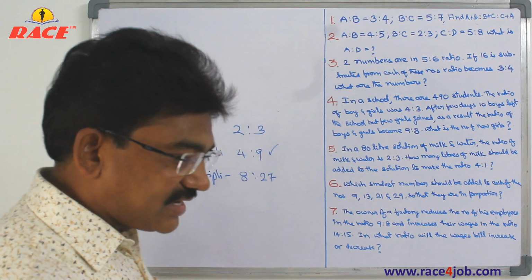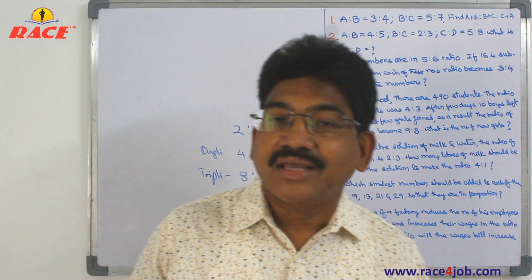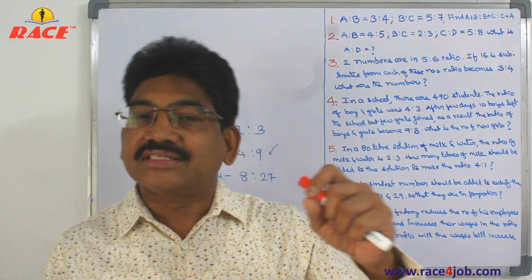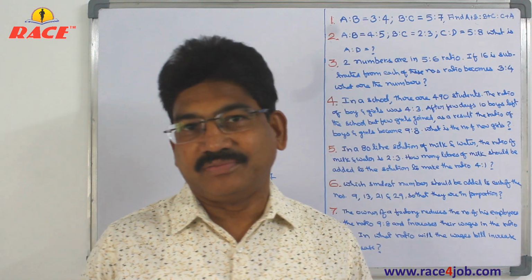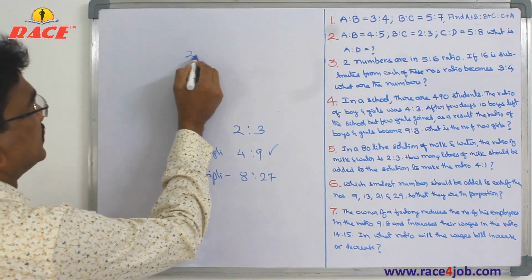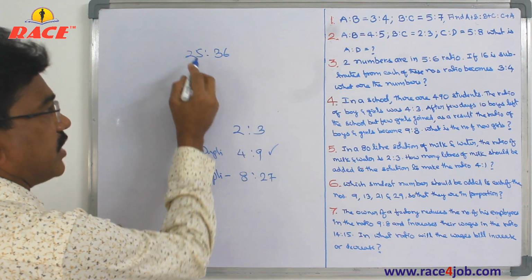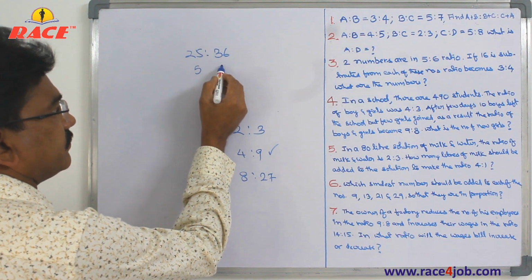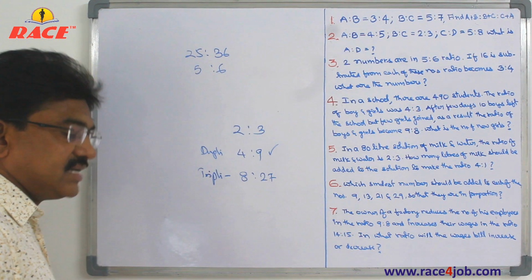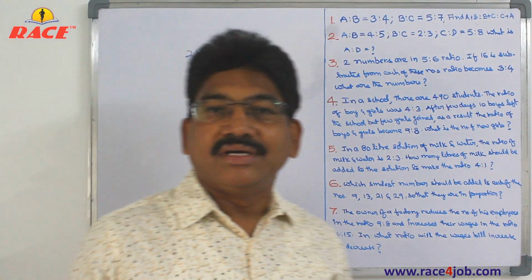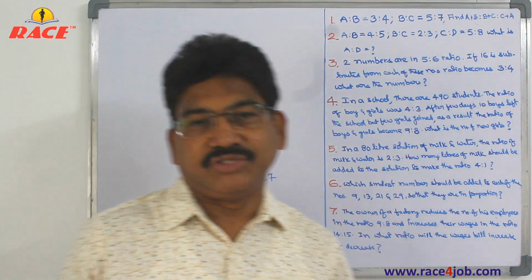Another thing is subduplicate ratio. Subduplicate ratio means square roots of the terms of the ratio. For example, 25:36 is the ratio. If we take the square root of each term, the square root of 25 is 5 and the square root of 36 is 6. 5:6 is the subduplicate ratio of the original ratio.